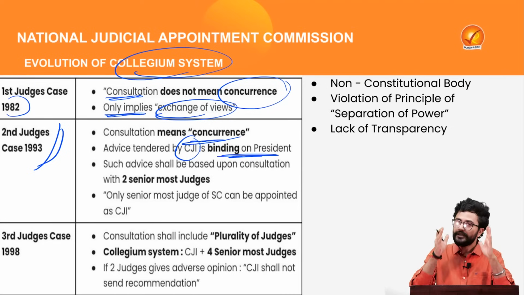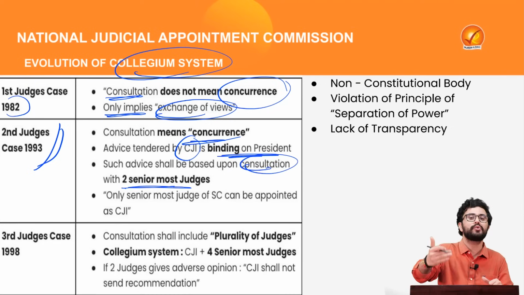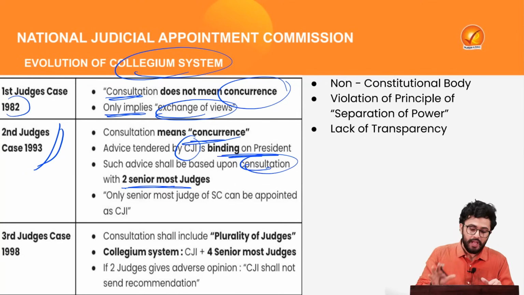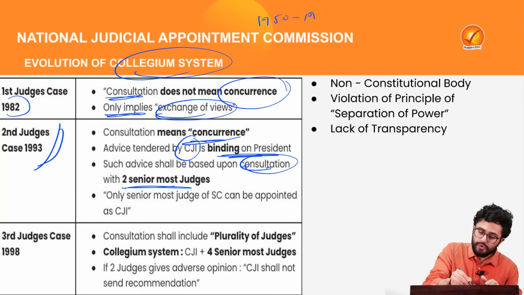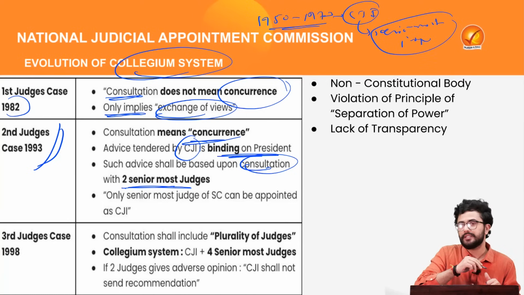And such advice shall be based upon consultation with the two senior most judges of that time. Now, keep this in mind that from 1950 to 1973, the Chief Justice of India was appointed on the precedent that the senior most judge will actually become the CJI.